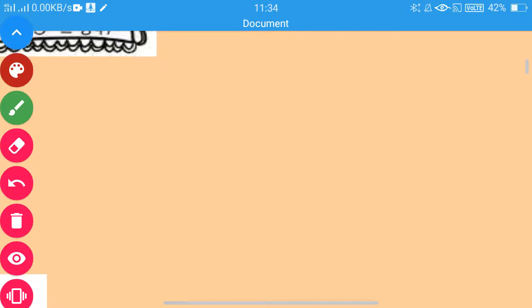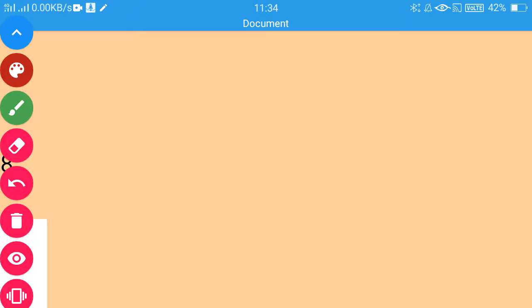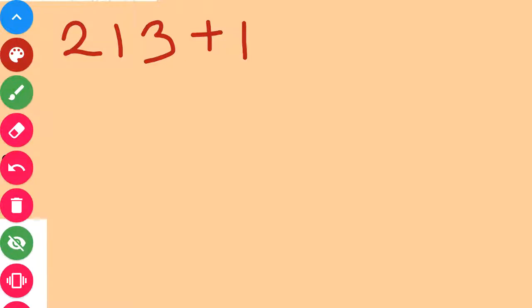Let us understand this with the help of one more example. 213 plus 123. Okay kids, now you help me. What I have to do first?